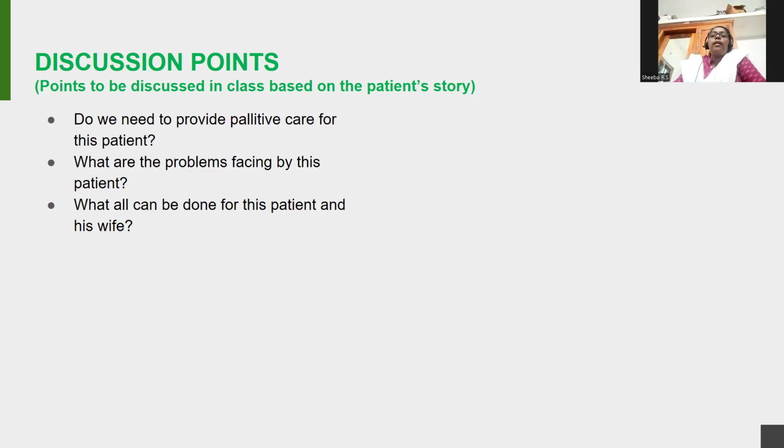Ma'am, do you want to add anything? She is telling to advise the patient to take less water. So I don't think so. She was saying fluid in the stomach, I was saying the fluid is not in the stomach, the fluid is in the pleural cavity.